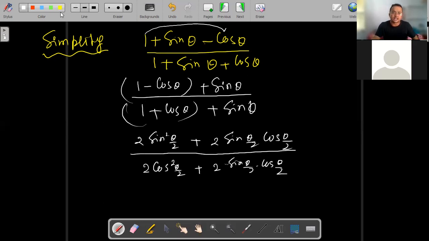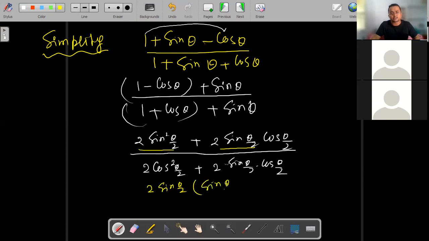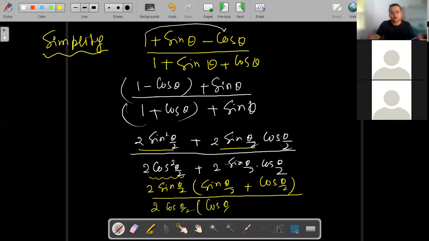You can see very clearly that in the numerator 2 sine theta by 2 can be taken as common, giving 2 sine theta by 2 times sine theta by 2 plus cos theta by 2.